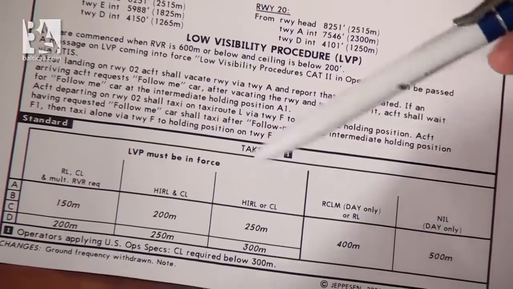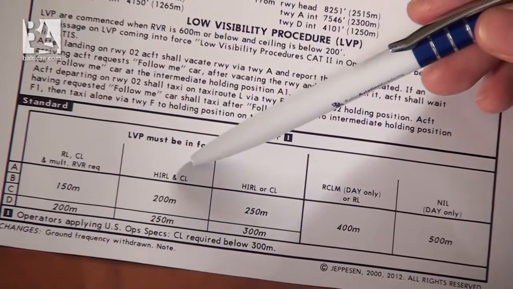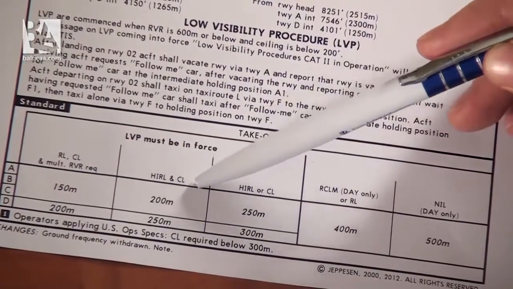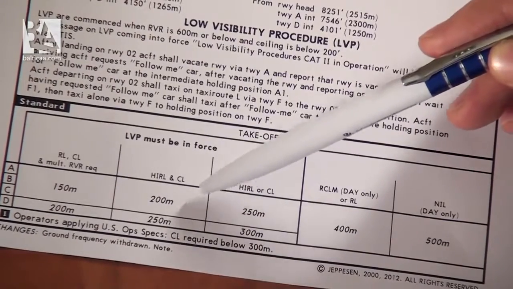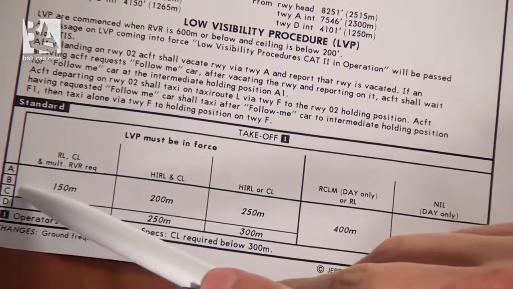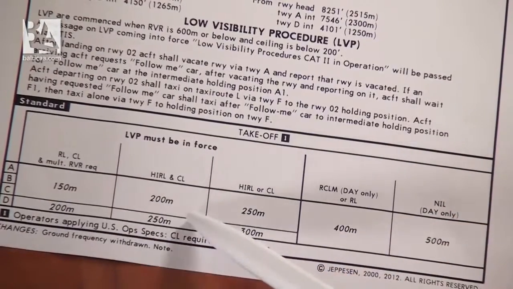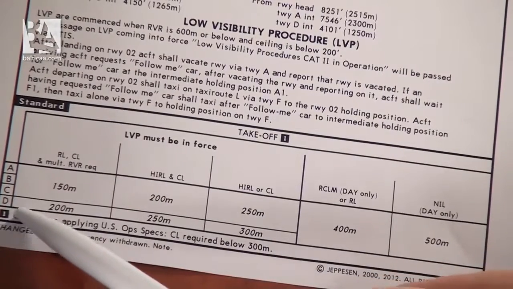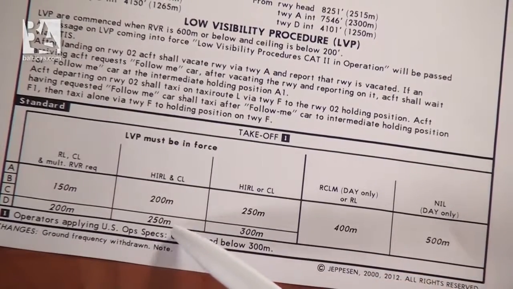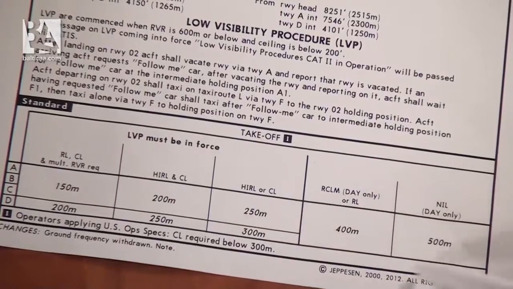For example, right here in the second column you can see that if you have operable high intensity runway lights and centerline lights, for aircraft categories A, B and C, you need 200 meters of visibility for departure. For category D you need 250 meters of visibility and so on.